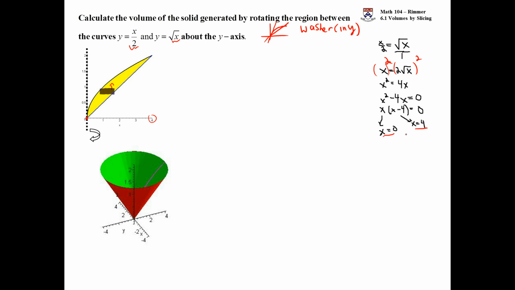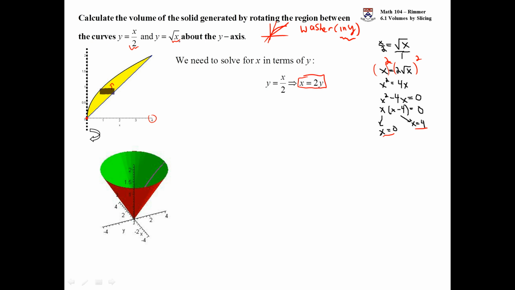Now these are x numbers. They're not going to be directly the numbers that we end up using, because our integral is in y. So we take these functions, y equals x over 2 and y equals root x. We need them as x equals, we need formulas in y. Taking the first one, y equals x over 2, we double to get x is twice y.